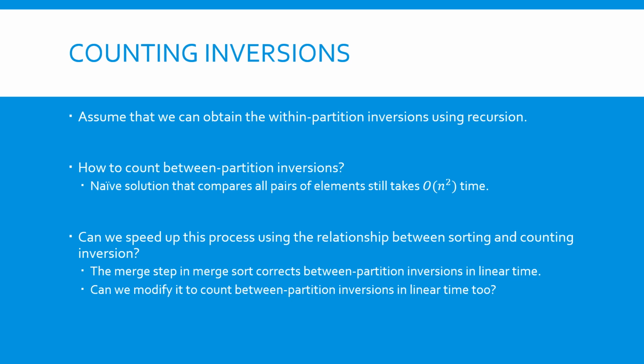The merge sort algorithm corrects the between partition inversions in its merge step using linear time. Therefore, we should be able to modify this merge step and count between partition inversions as well. Under this intuition, we show how to combine both procedures and develop an algorithm that simultaneously sorts the numbers and counts the inversions in linear time.